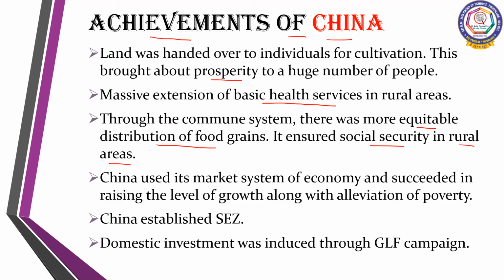This was done by retaining collective ownership of land and allowing individuals to cultivate lands. China used its market system of economy and succeeded in raising the level of growth along with elevation of poverty.